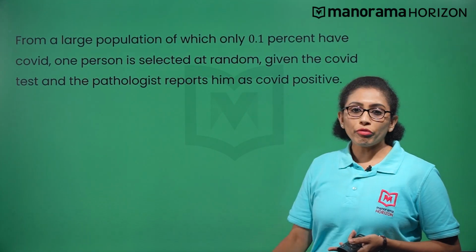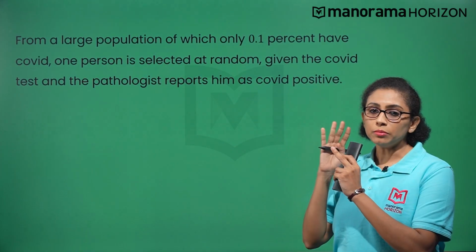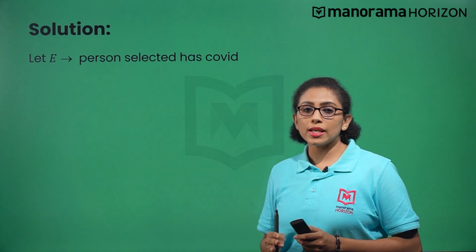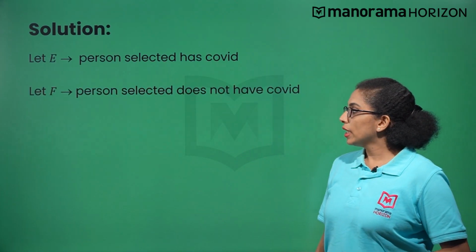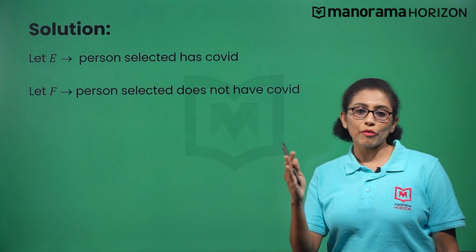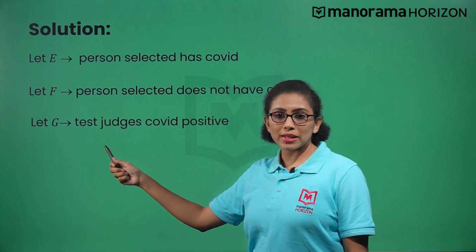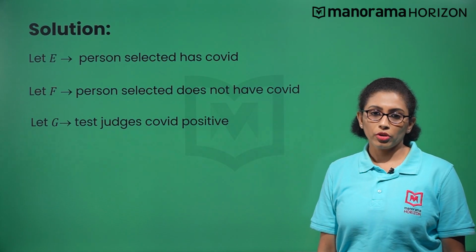Now, can you find the solution for this? Yes, we can use Bayes' theorem to find it, right? Let E represent the event that the person selected has COVID. Let F represent the event that the person selected does not have COVID. We need one more parameter, G, which represents the event that the test judges COVID positive.